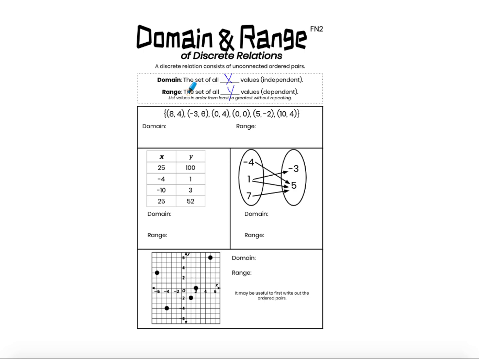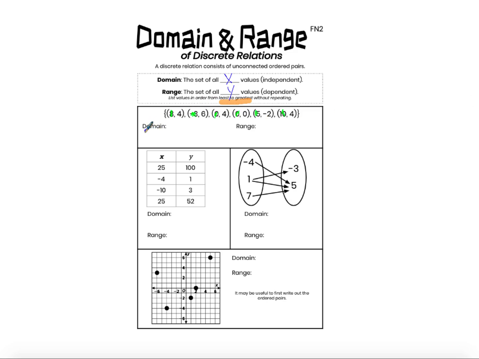When we list the domain and range, we list the values in order from least to greatest, and we do not repeat values. So in this first representation, this set of ordered pairs, the domain is just the list of all possible values that x can take on, and we need to list those from least to greatest, and we need to put them in our curly brackets in our set notation.